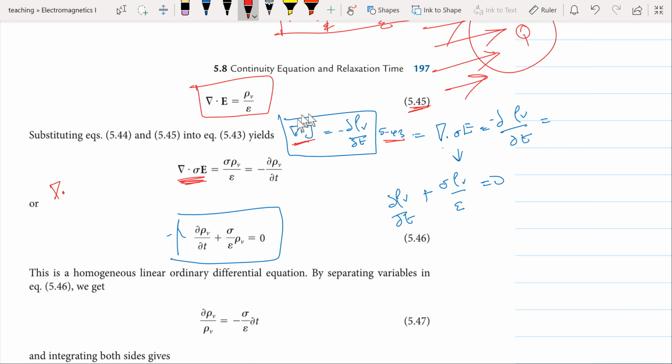And since J is equal to sigma E, if you replace this term with sigma E, we end up with this.